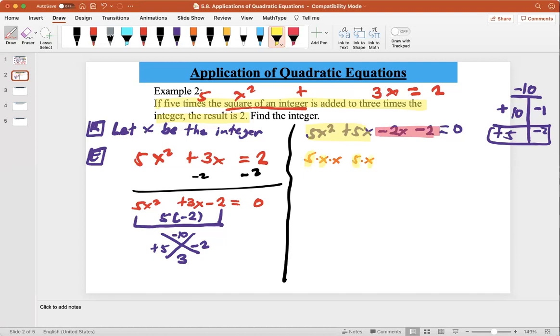So our GCF, therefore, is 5x. How do we get the factor inside? Of course, that is the quotient when we divide the first group by 5x. 5x squared divided by 5x, x. And 5x divided by 5x is equal to 1.